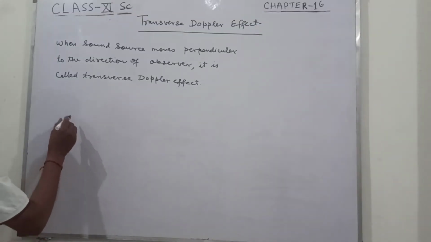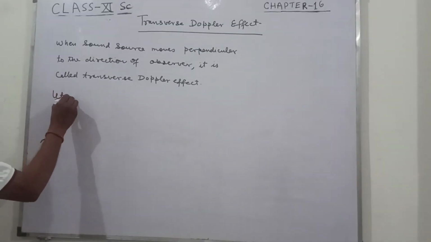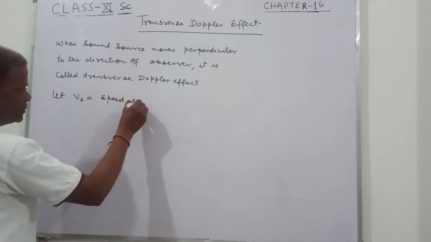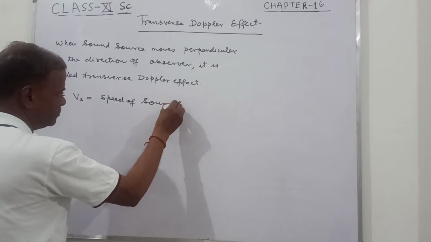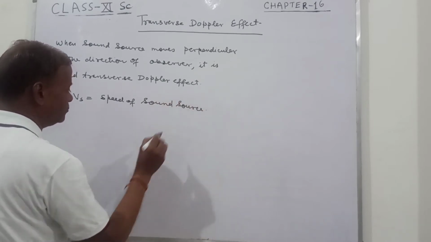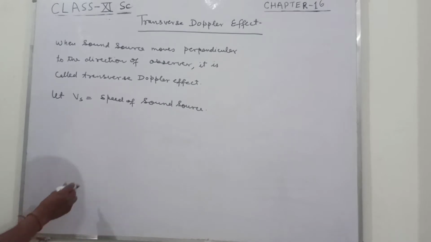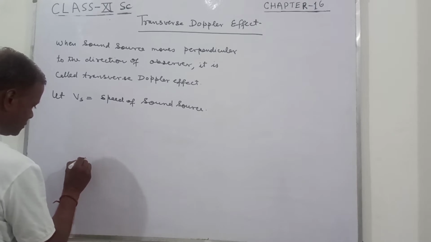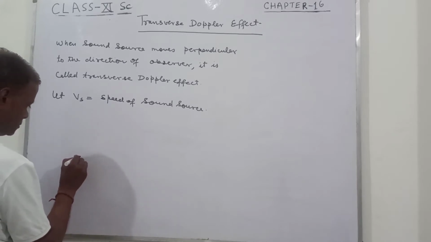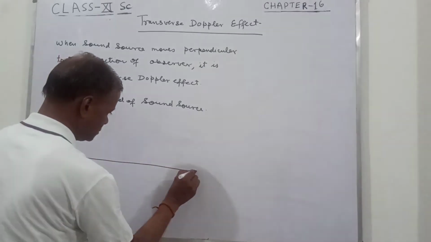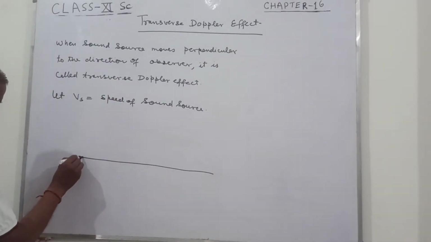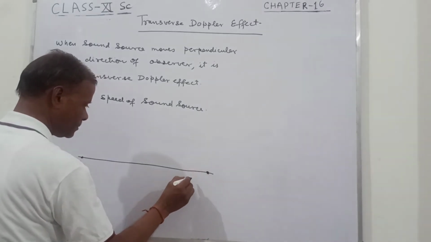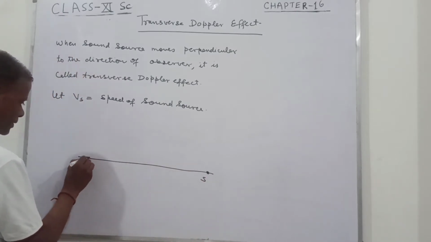So now let's take Vs equal to the speed of sound source. This is our sound source S. It is moving.